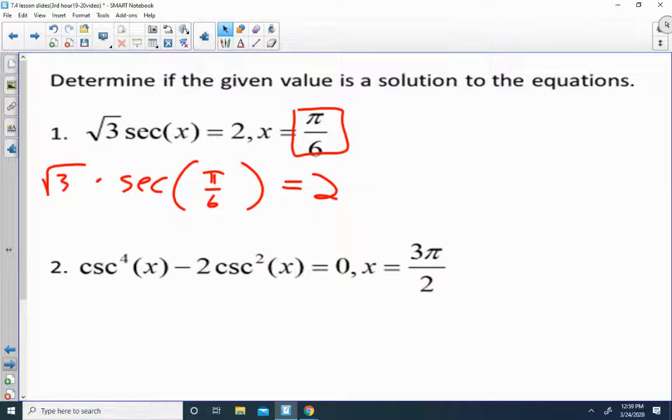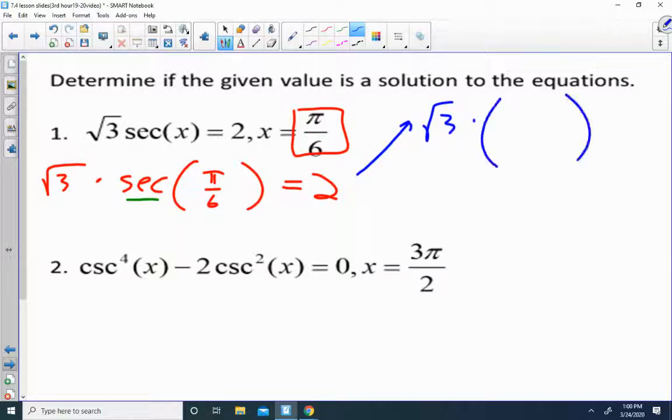Now, some of you are probably facing a dilemma here because secant is not in your calculator. You only have sine, cosine, and tangent, not secant. So this means we have to use its twin. Instead of secant pi over 6, you're going to take its twin and flip it.